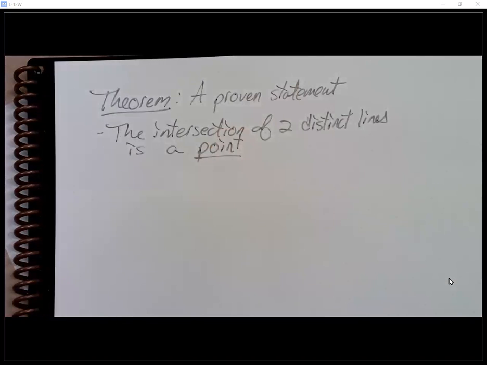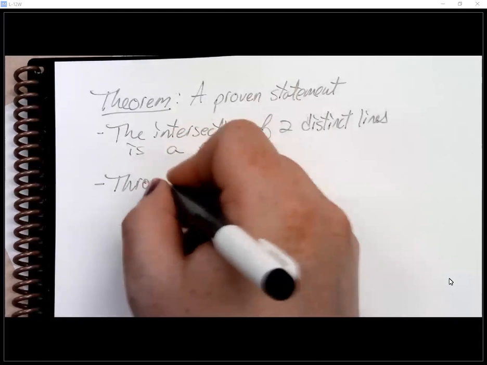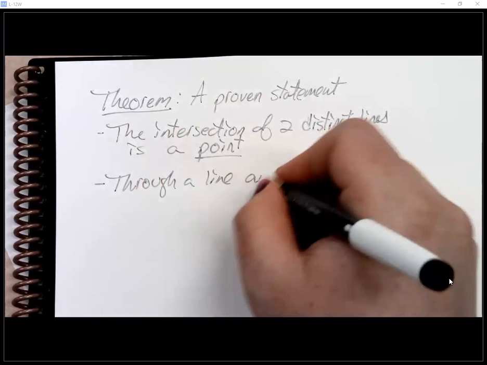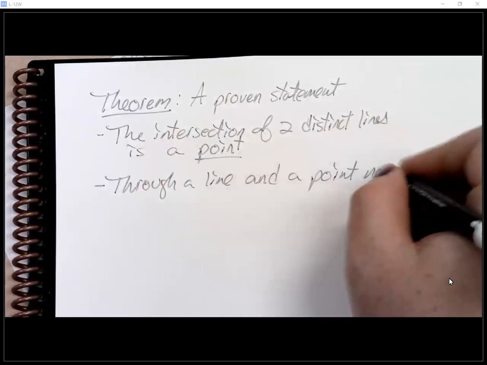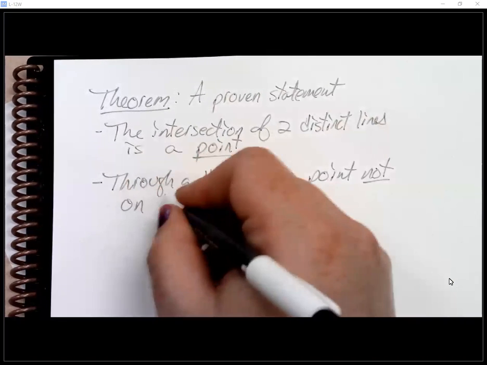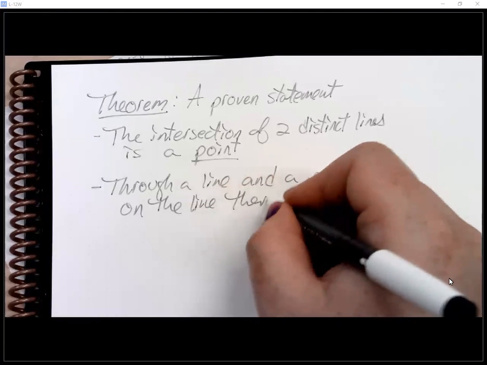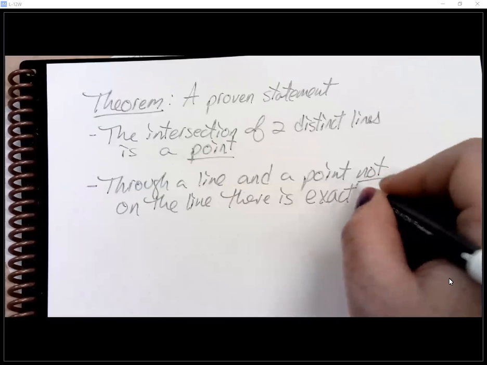Okay, next one says: through a line and a point not on the line, there is exactly one plane.